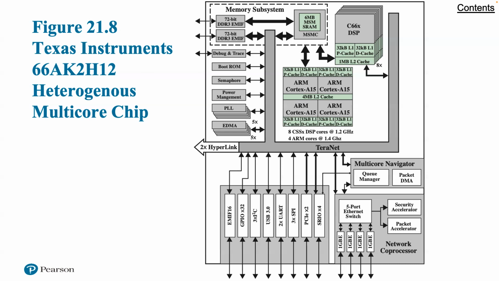The 6 megabyte multi-core shared memory, abbreviated MSM, is always configured as all SRAM. That is, it behaves like main memory rather than cache.